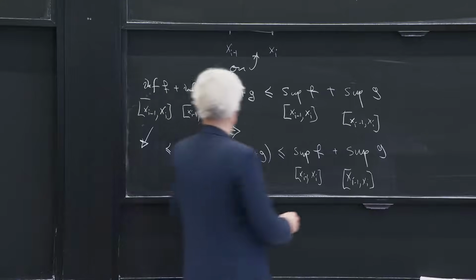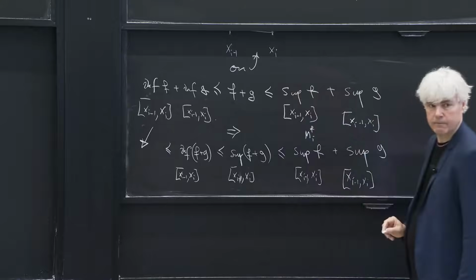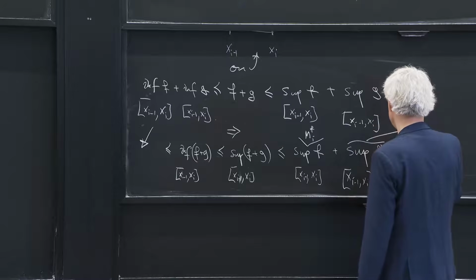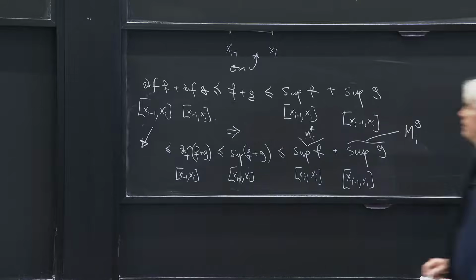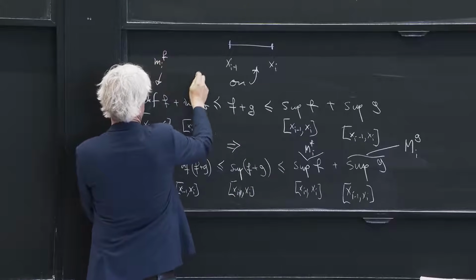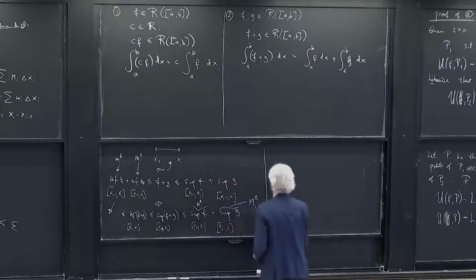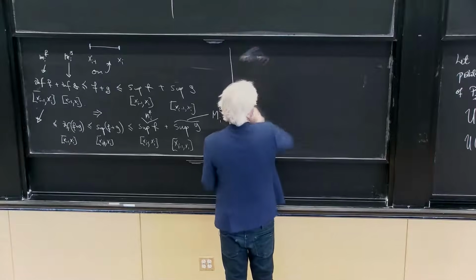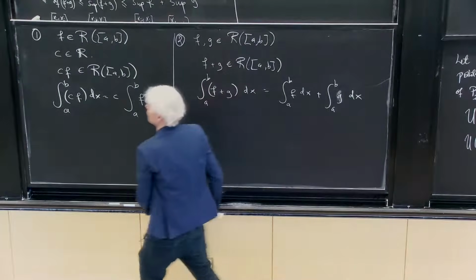So this number here is like capital M_i for the function f, and this number is capital M_i for the function g. And this is little m_i for the function f, and this number is little m_i for the function g. So let me write it over here.